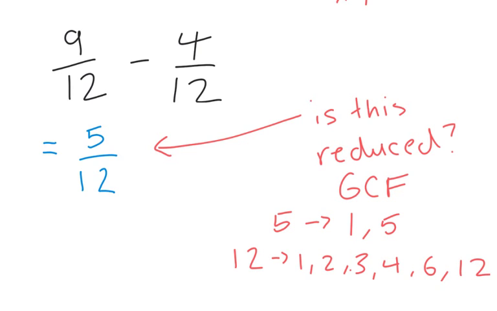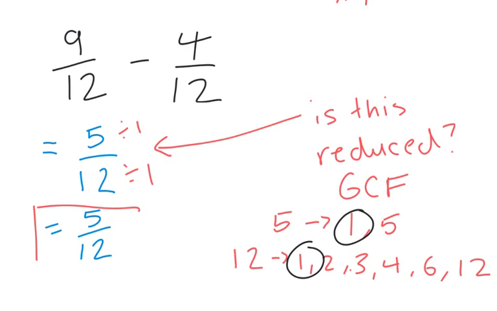As you can see, the greatest common factor here is 1. So if we divide 5 by 1 and 12 by 1, it remains exactly the same. So our final answer actually is 5 over 12.